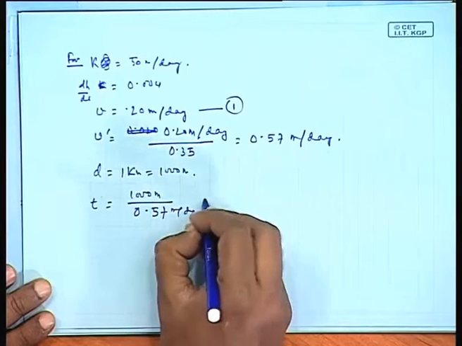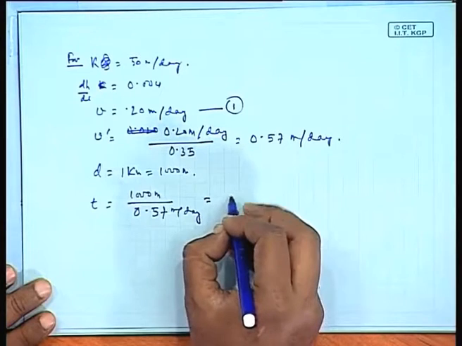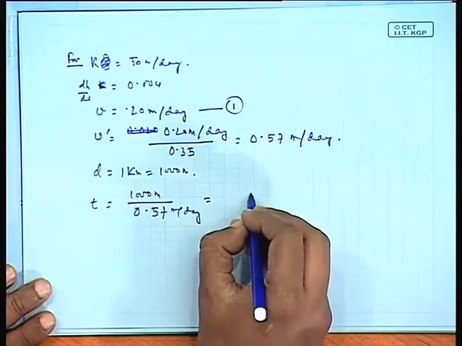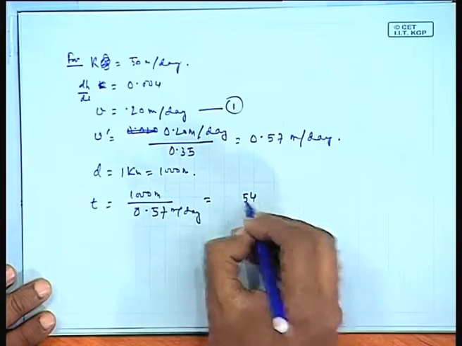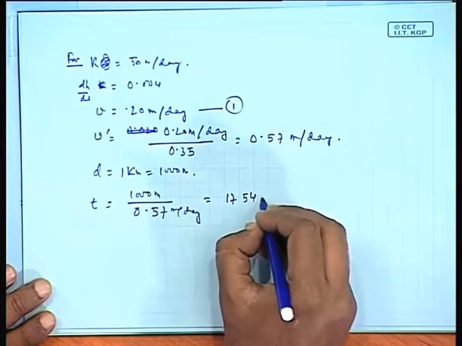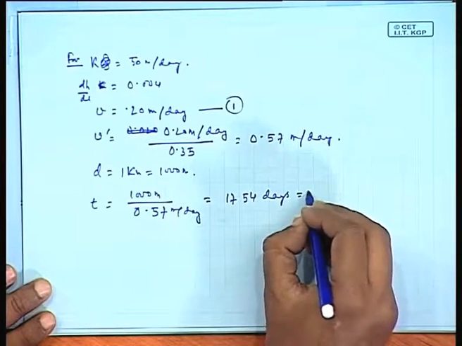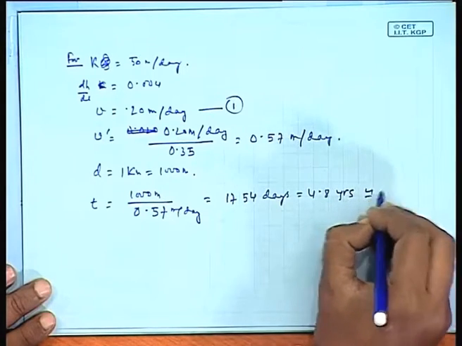So here you can see this would be about 1754 days, which would be about 4.8 years, about 5 years.